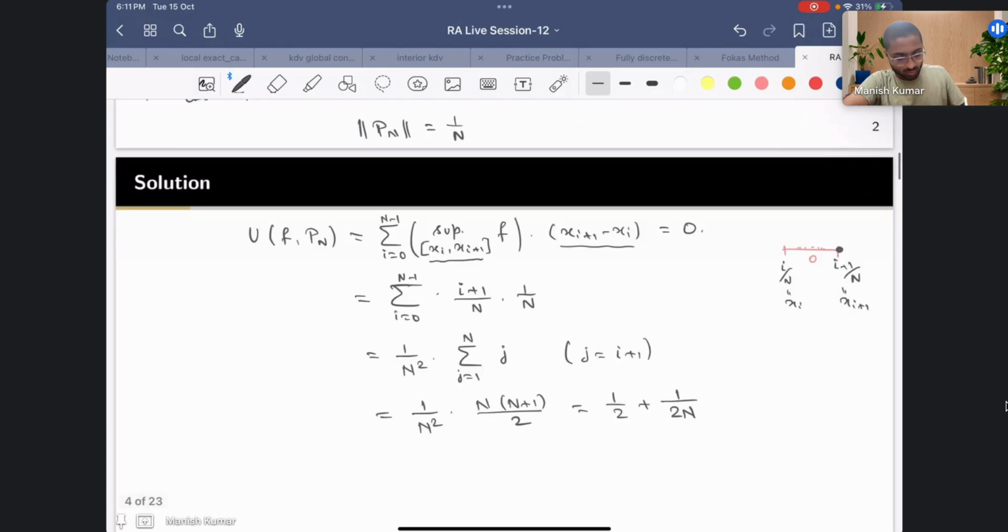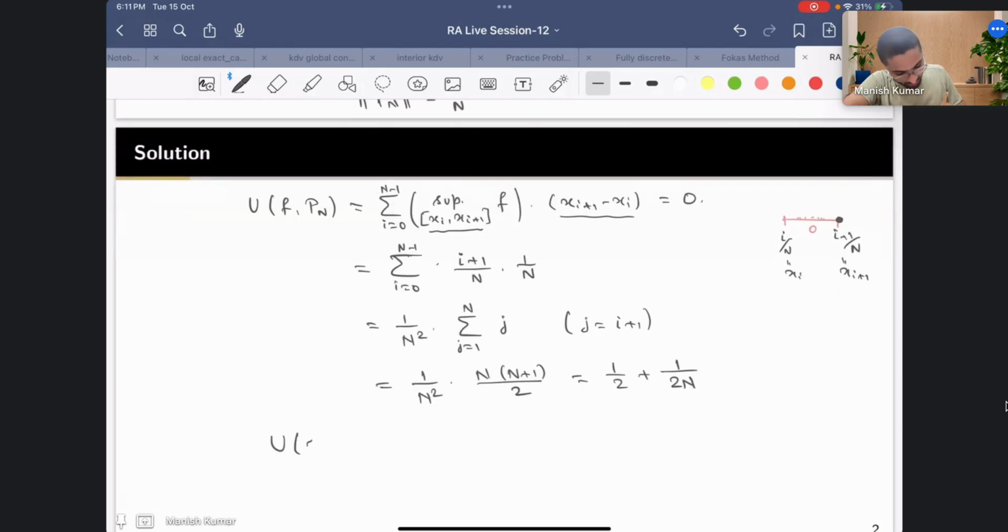Now if you want to look at what will be U(f), there is another way of calculating this: you consider a sequence of partitions and consider the norm of the partition going to 0. So let me write it this way. This is U(f, Pn), and you take the limit as the norm of Pn goes to 0.